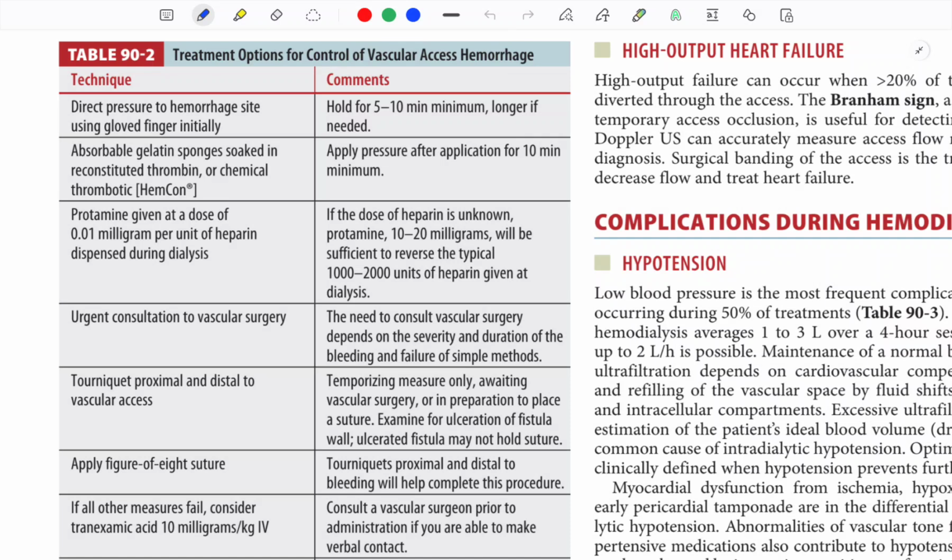Next, what are the complications during hemodialysis? It is dialysis disequilibrium. Dialysis disequilibrium is cerebral edema due to fast solute clearance. What happens during dialysis? Solute clearance occurs faster than fluid clearance.